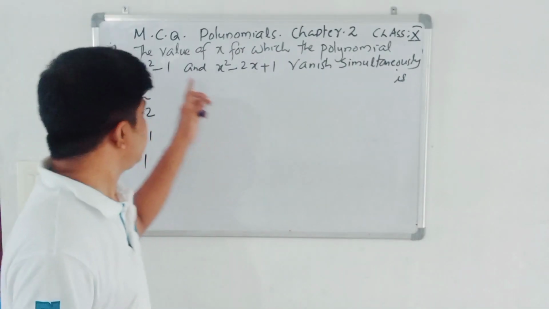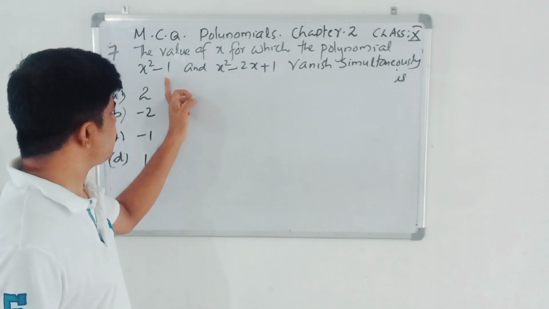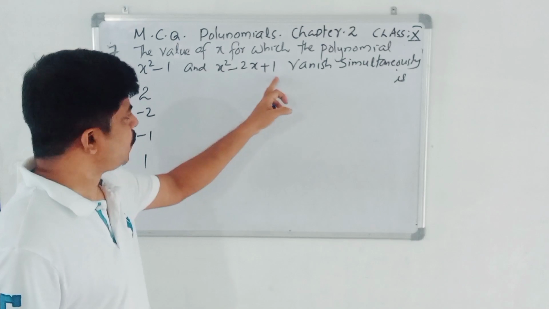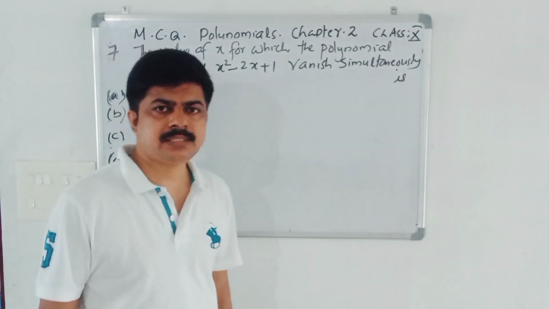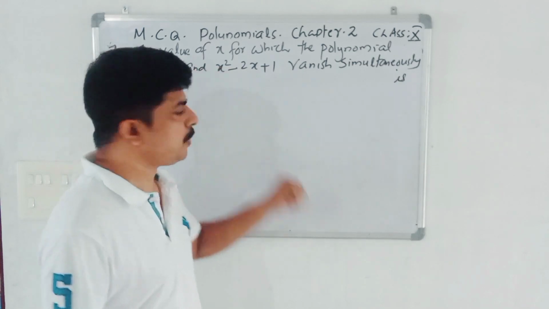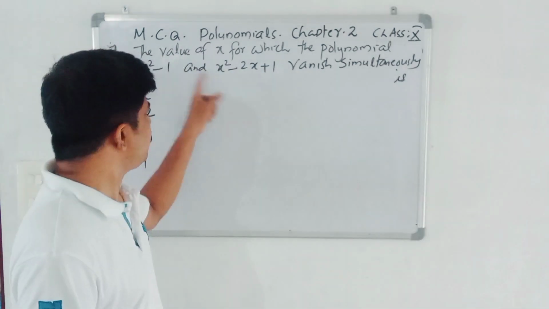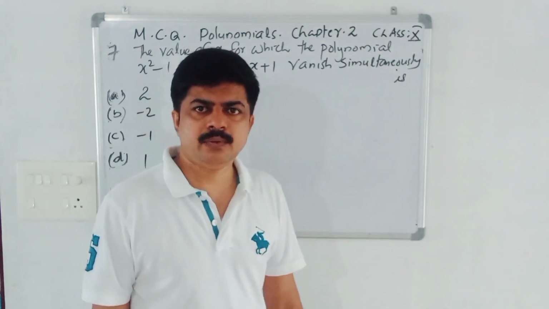Moving to the next question. The value of x for which the polynomials x square minus 1 and x square minus 2x plus 1 vanish simultaneously is? Vanish means for what value of x both polynomials will have the value 0.